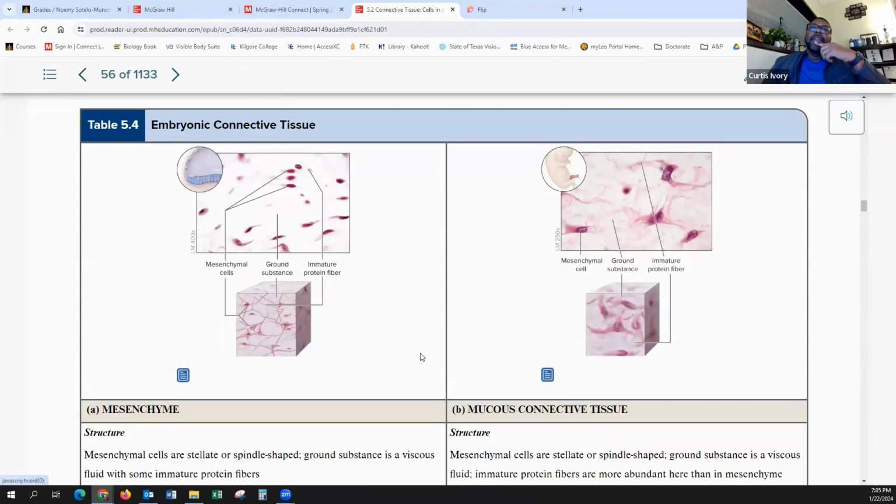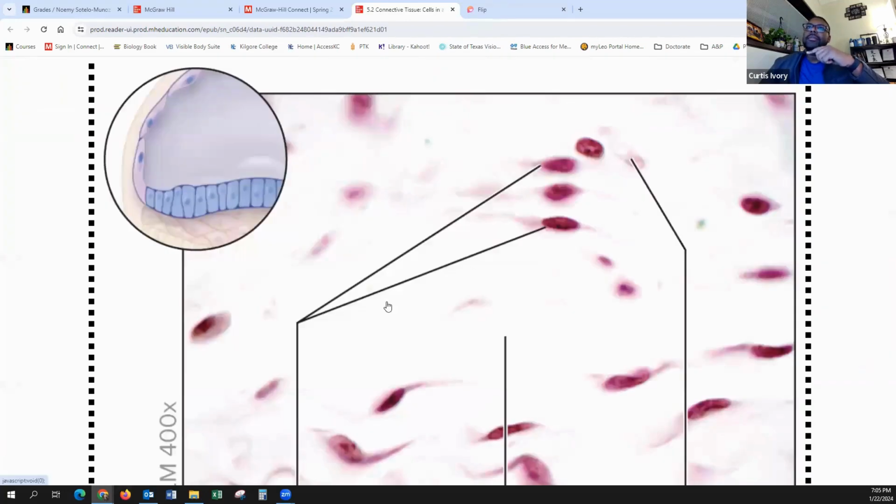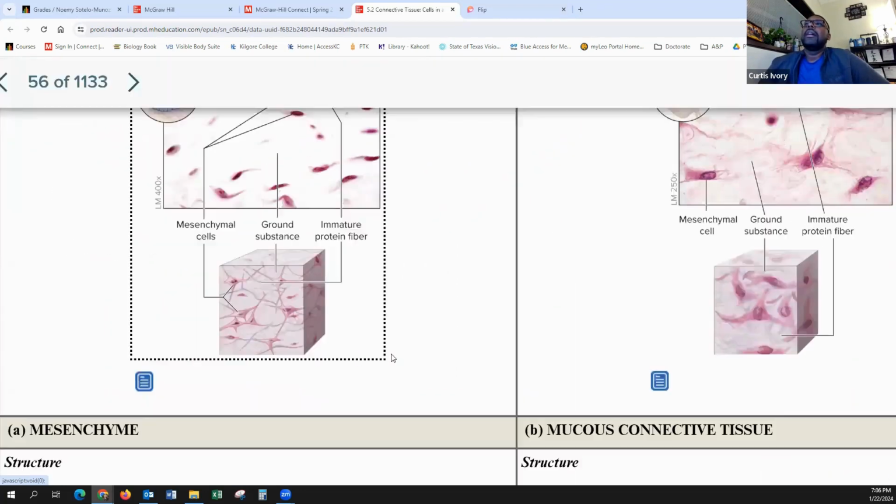So here is what mesenchyme actually looks like. We can see here we have some ground substance, we have immature protein fibers, and then mesenchymal cells. So they're like stem cells. So they're able to go and fix other cells by becoming them.